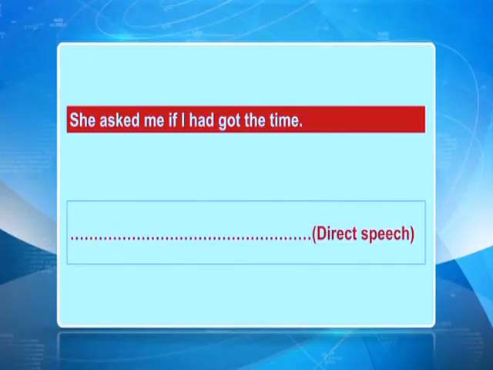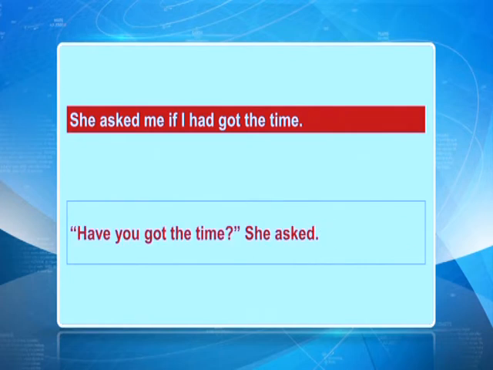What are we going to start with? You'll start with inverted commas, and then you write the question. Have you got the time? Notice that in the reported sentence we have past perfect, and we should start the sentence with the present perfect. Have you got the time? she asked.